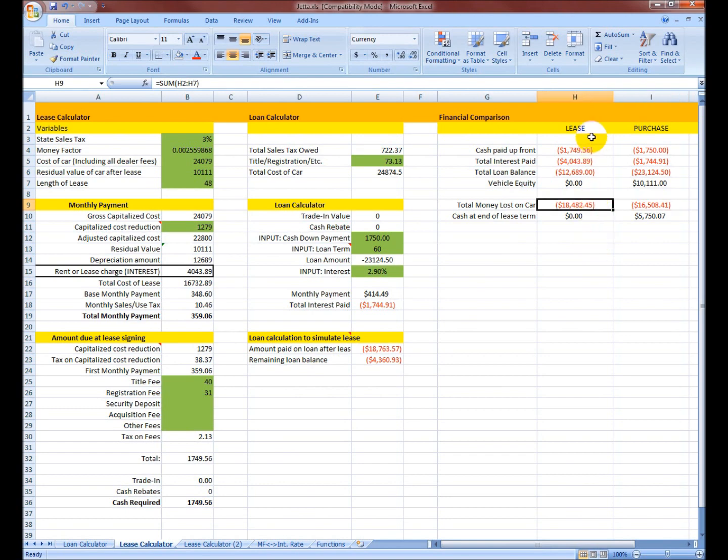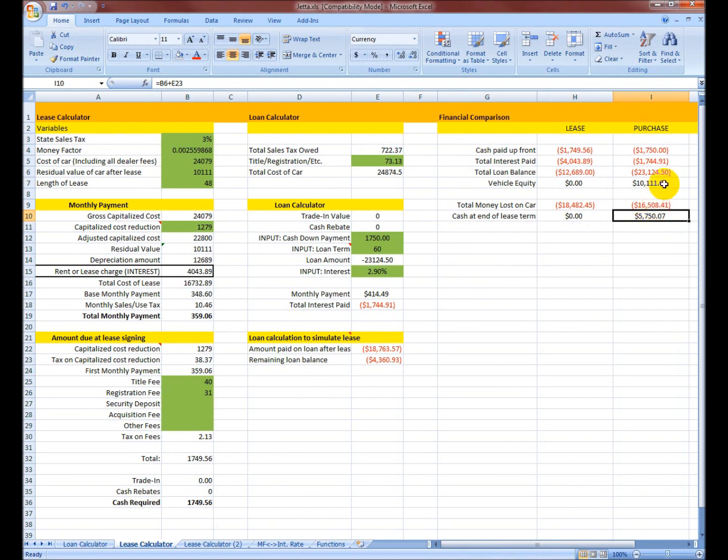So in a lease car, you're spending about $18,000, $1842, to lease this car for 4 years. If you were to just purchase the car instead, mostly because of the lower interest, you're going to save almost $2,000. And then finally, the nail in the coffin for me as far as leasing or purchasing is that at the end of the lease, you'll have some equity left in the car.